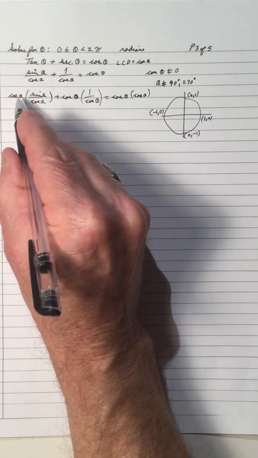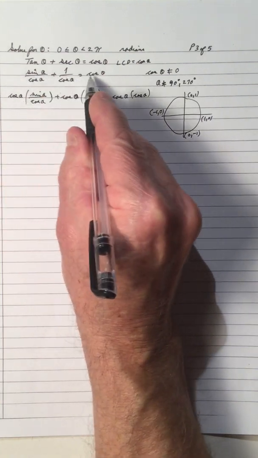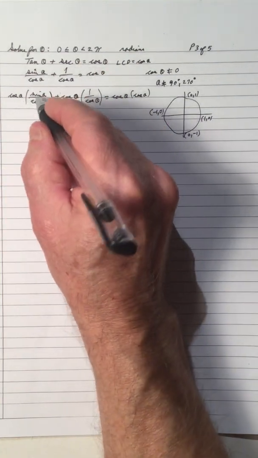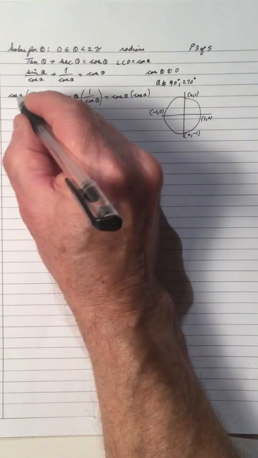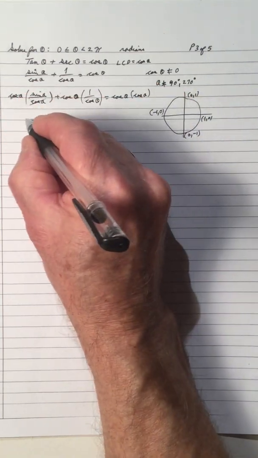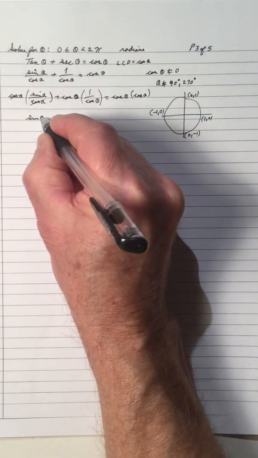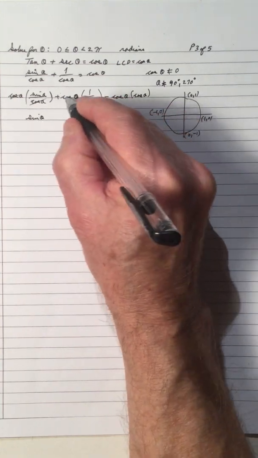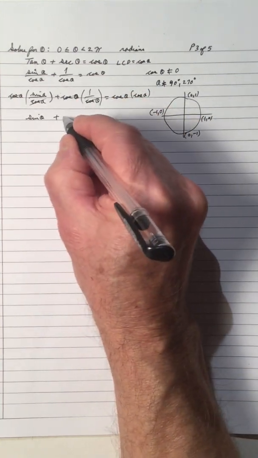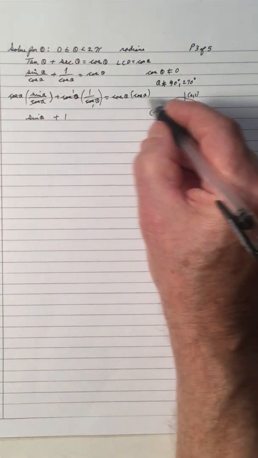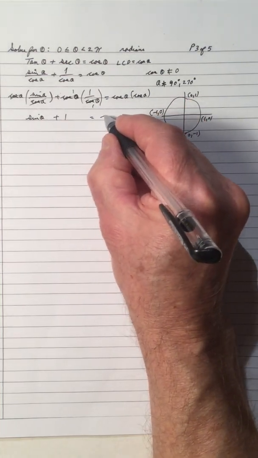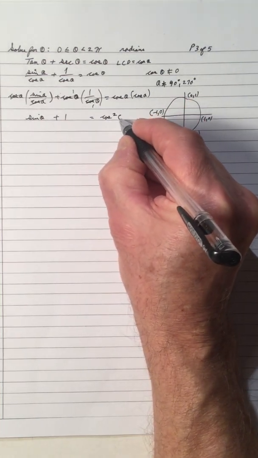I multiplied cos theta by each of these fractions. Notice the cos cancels out, so I get sine theta, and cos cancels out, and I get a 1, and that gives me cos squared theta.